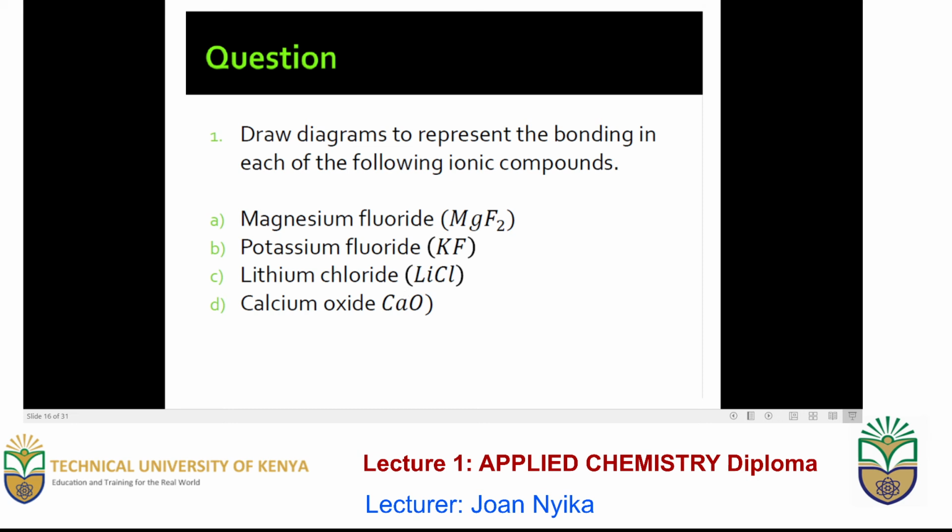How many valence electrons do magnesium and fluoride have? How many does potassium fluoride, lithium chloride or calcium oxide have? How many electrons must it gain or lose to get to an octet state? That is the only way you will be able to represent this. For your exercise, you need to do it.